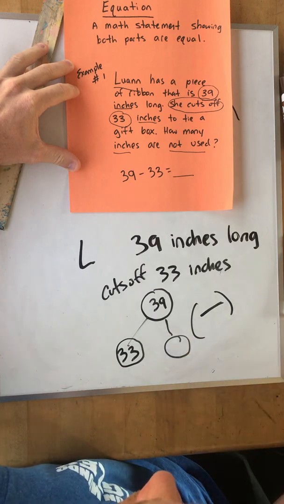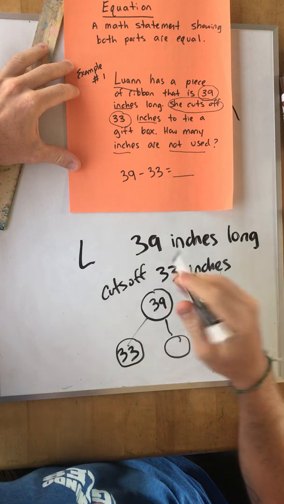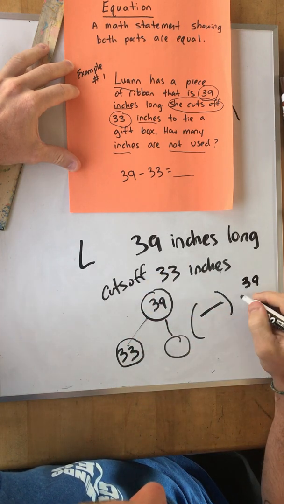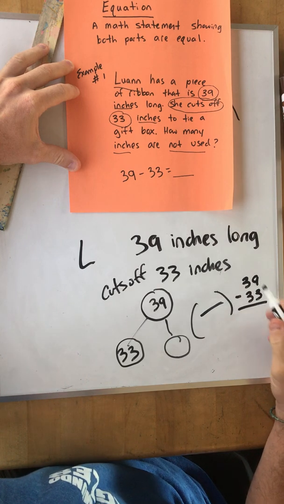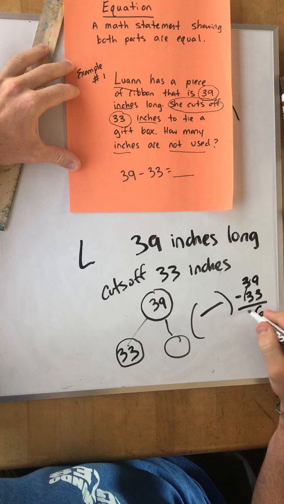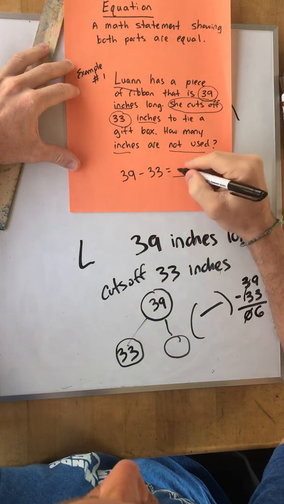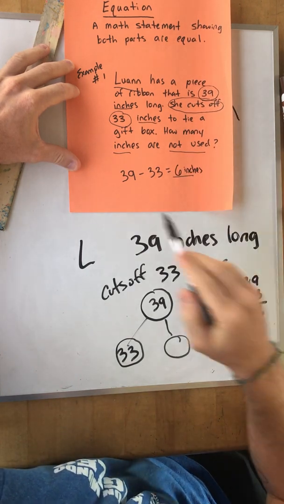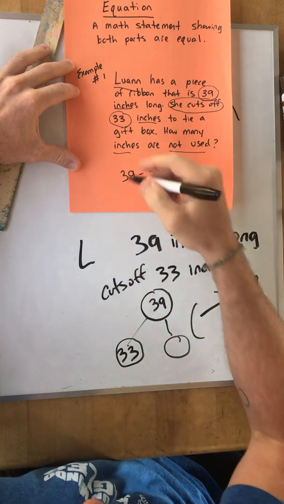So 39 minus 33. One side first. 9 minus 3, 6. 3 minus 3, 0. Do I need to write the 0? No. 6 inches are left. 39 inches minus 33 inches equals 6 inches.